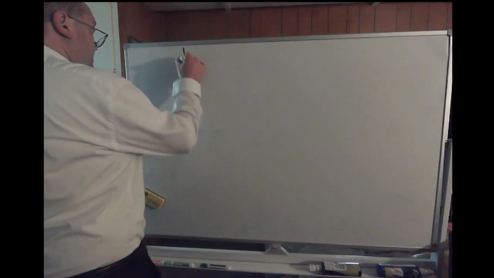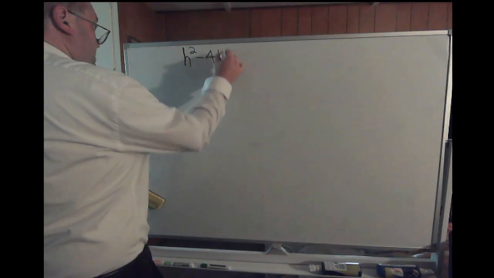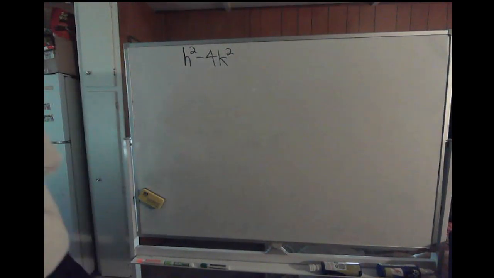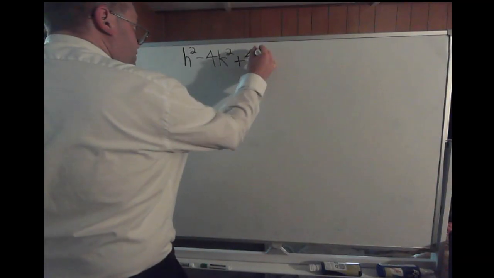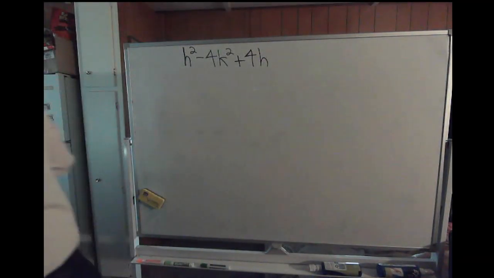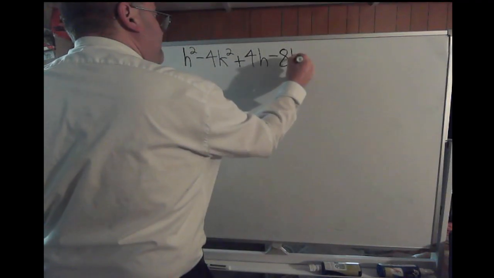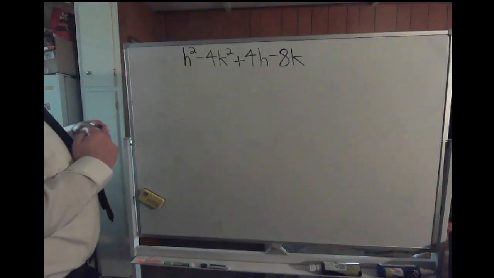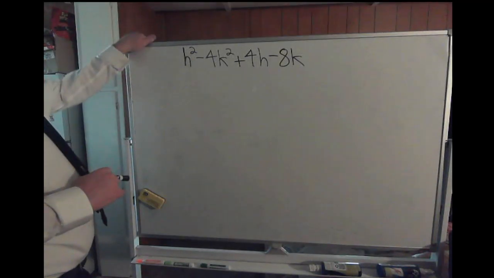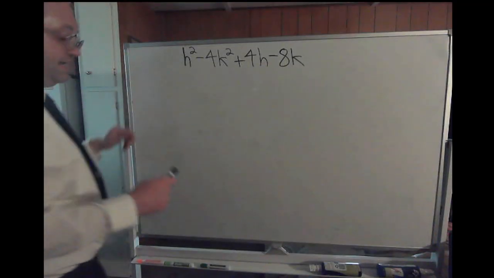h squared minus 4k squared plus 4h minus 8k. So we have h squared minus 4k squared plus 4h minus 8k.